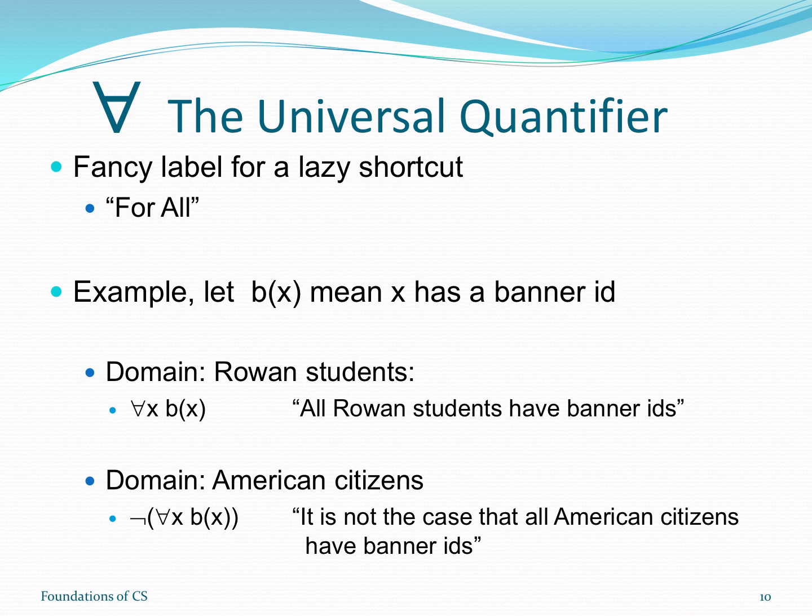On the other hand, if my domain is American citizens, it is not the case that for all X, B of X. It's not the case that everything in my domain is going to return true. So I stuck that not outside of there.